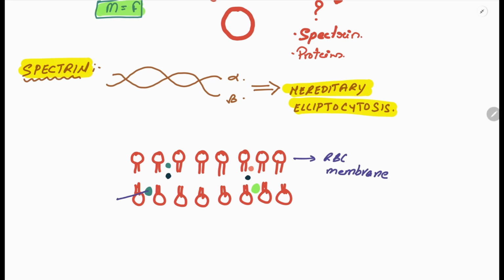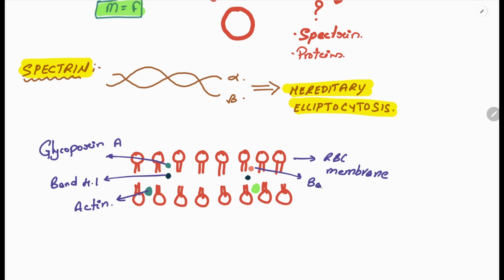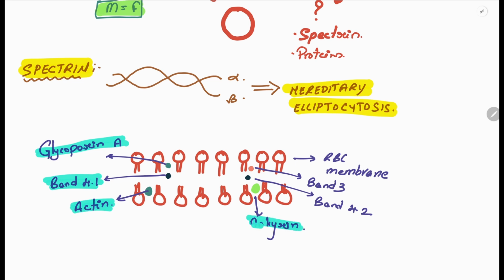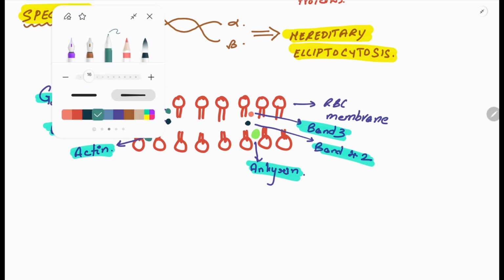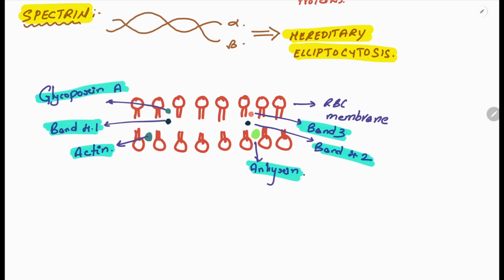These are the proteins: this is actin, this is band 4.1, this is glycophorin A, this is band 3, this is band 4.2, and this is ankyrin. So these are the membrane proteins. If they get affected, it leads to hereditary spherocytosis.